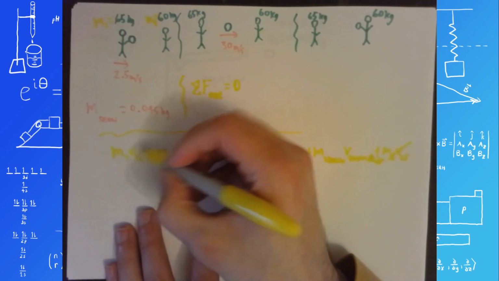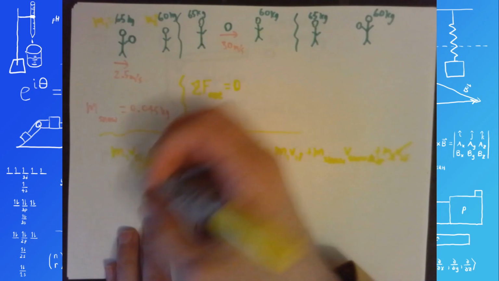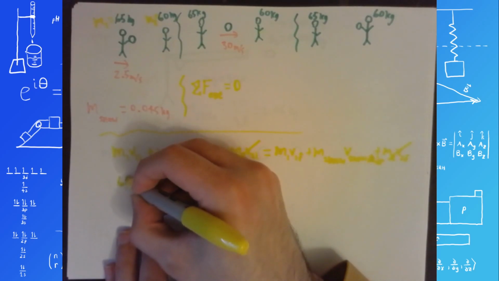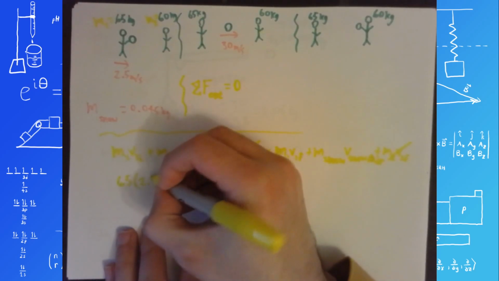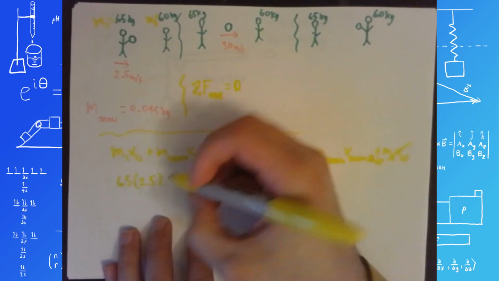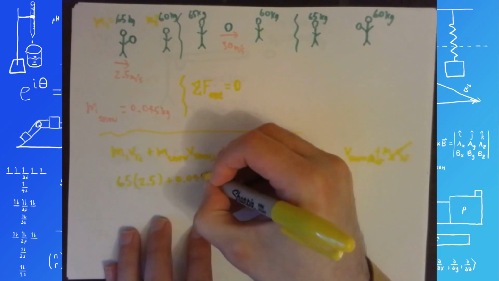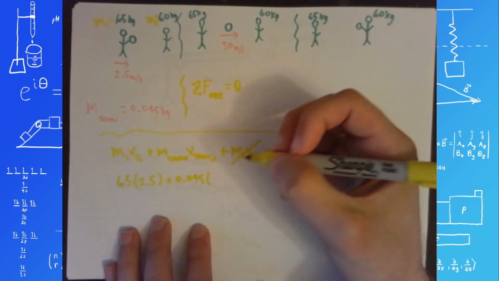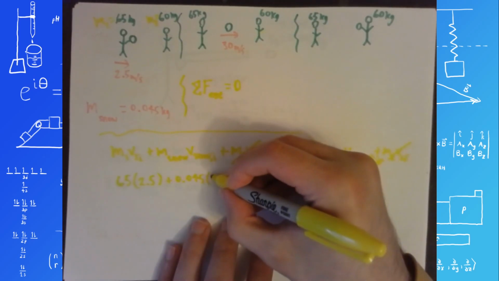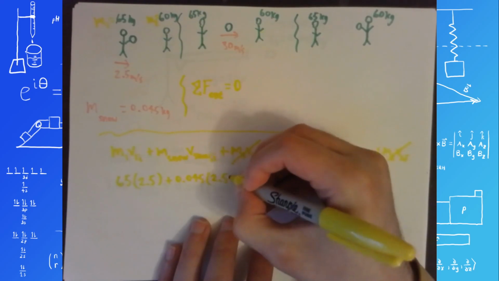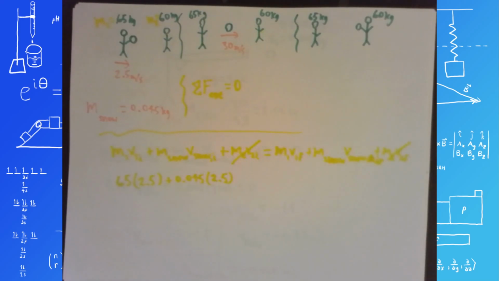Let's go ahead and plug in the numbers that we know. We know that this person is 65 kilograms, initially moving at 2.5 meters per second. We know the snowball is 0.045 kilograms, initially moving at 2.5. A lot of people get this wrong and they assume the snowball is at rest.